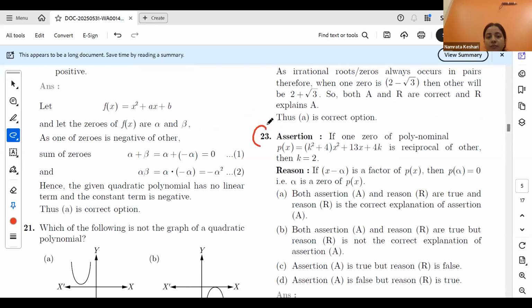Question number 23. If one zero of the polynomial is the reciprocal of the other, then k is 2. Is it true or false?